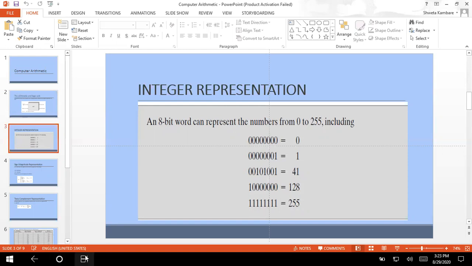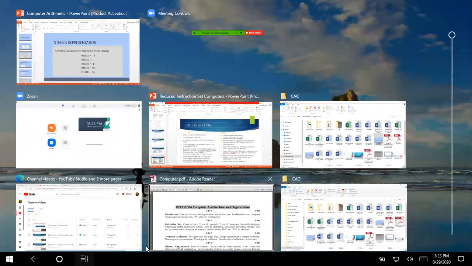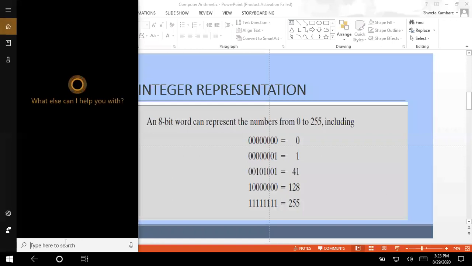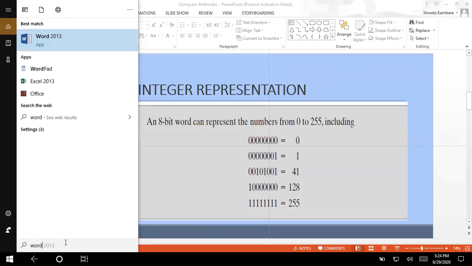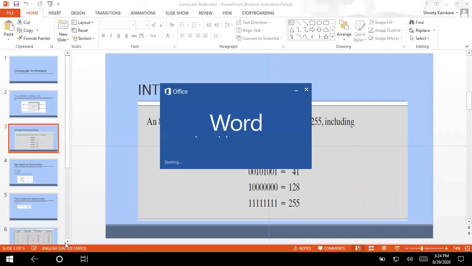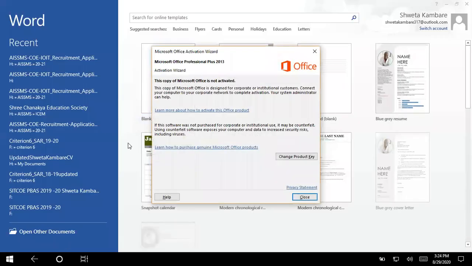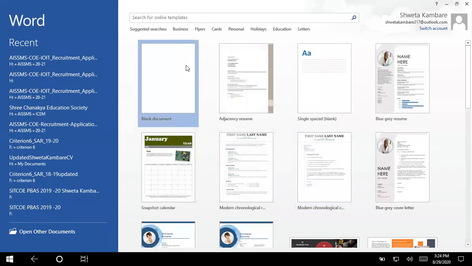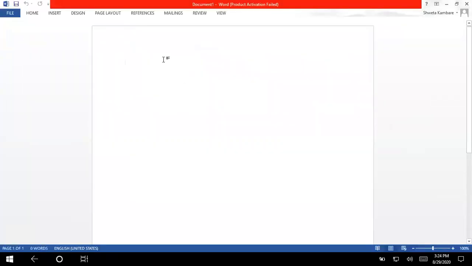Okay, so the simple formula is 1, 2, 4, 8. Remember that, and those will be the bits. Let's say my number is 4 bits, so I will have 8, 4, 2 and 1.